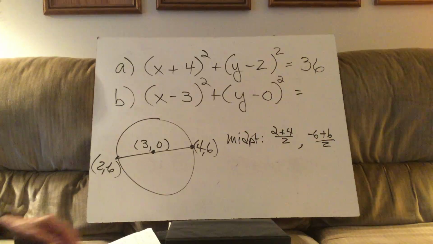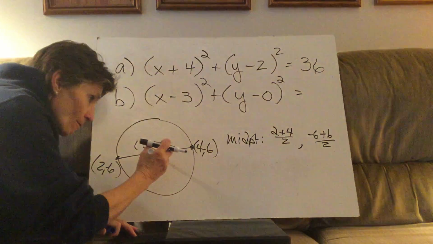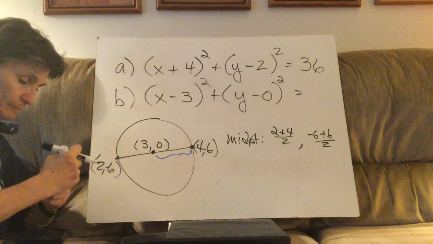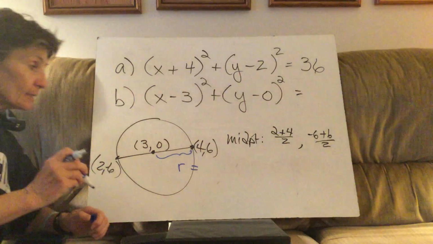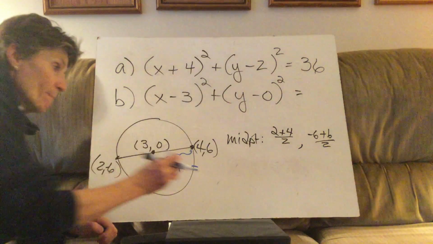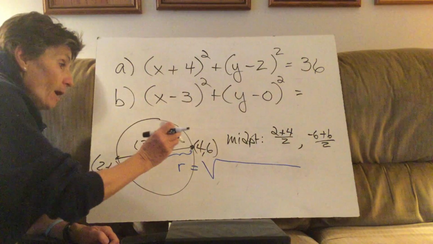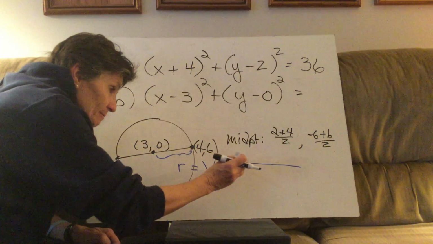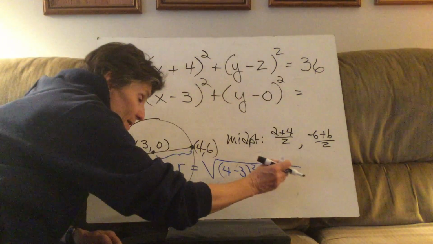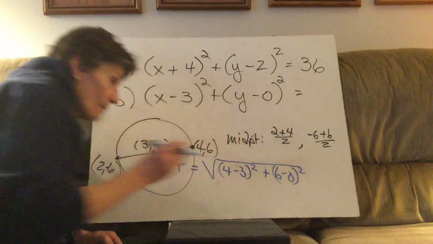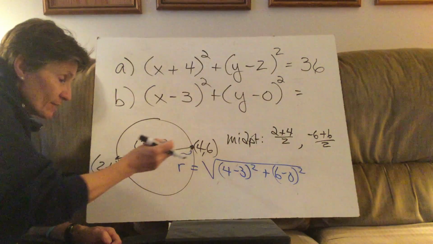Now, the radius is going to be the distance from here to here. That will be the radius. And to find distance, remember, we do the square root of x minus x squared plus y minus y squared. I'm finding the distance between this point and this point right here.